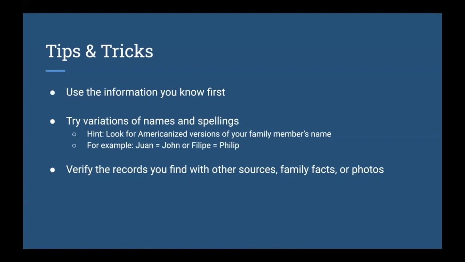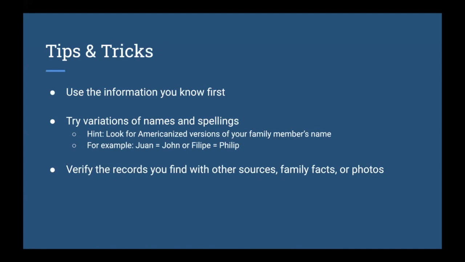So play around with different ways that things can be spelled or sound, and give people a little bit of grace, because census takers, nothing was digital, of course. So census takers in the way back when were sounding things out phonetically, and it's very likely that something got misspelled or crossed in translation. So use your best judgment and play with different variations of spellings.